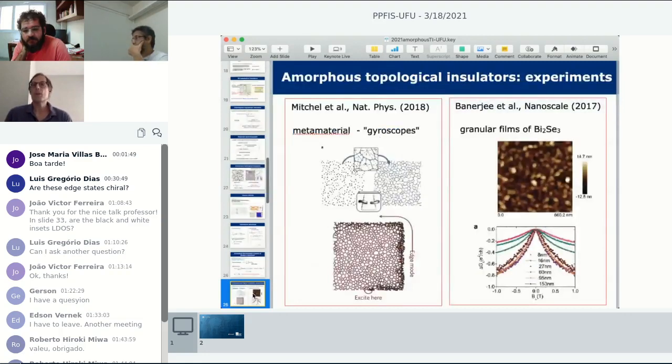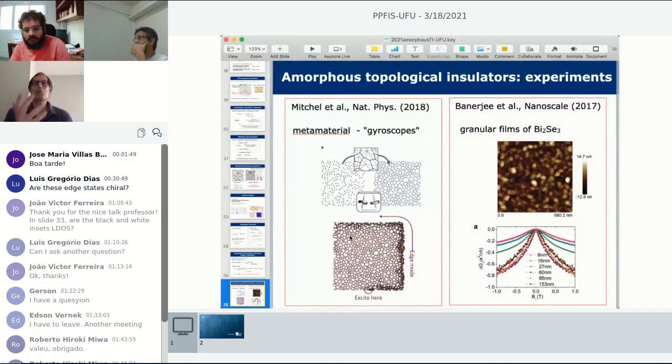Concerning experiments, there are three experiments that show there are some amorphous topological insulators. Some people like to call the first one an experiment, but this is a metamaterial, a meta-experiment if you wish.